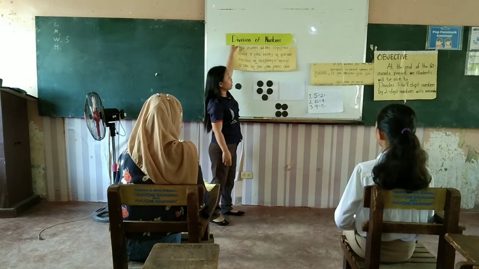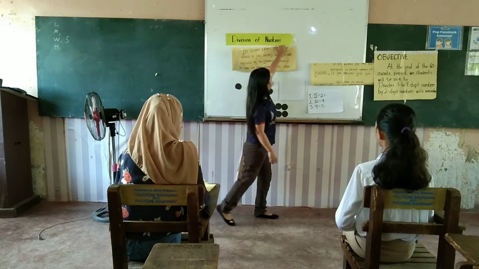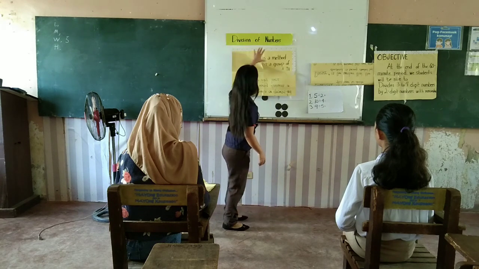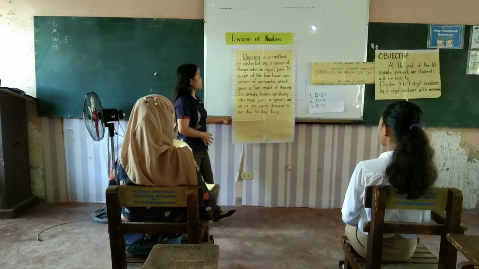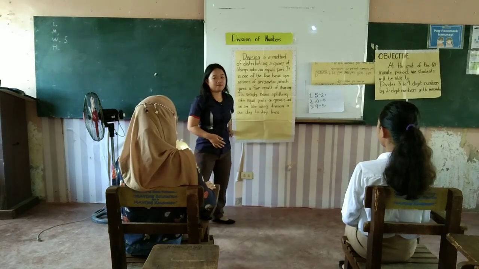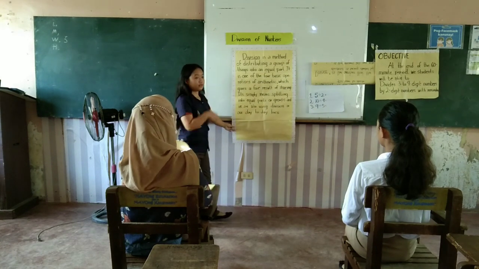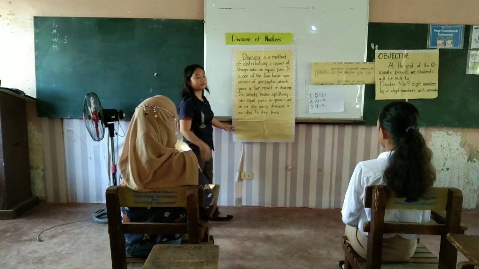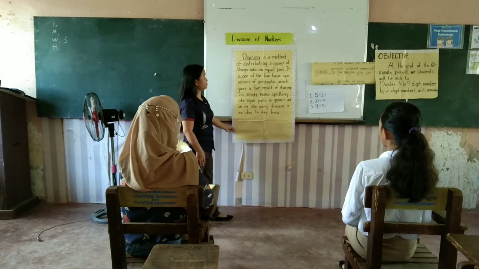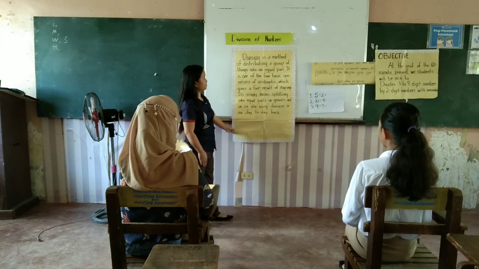Okay, so let's start our discussion. Let's start by defining what is division. Division is a method of distributing a group of things into equal parts.